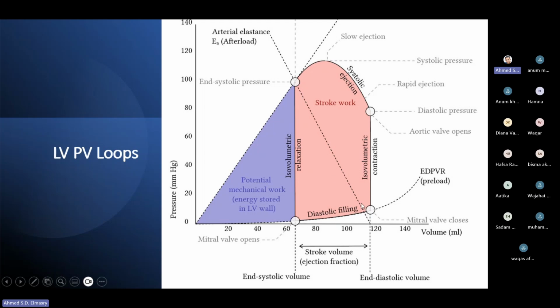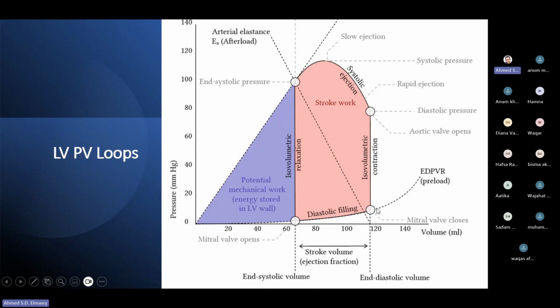And if you notice here, there are 2 very important working points of the heart. This point is the working point during the diastole, and this is the working point of the heart during the systole.